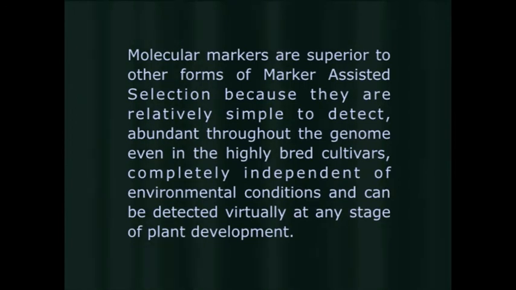Molecular markers are superior to other forms of marker-assisted selection because they are relatively simple to detect, abundant throughout the genome, even in the highly bred cultivars, completely independent of environmental conditions, and can be detected virtually at any stage of plant development.